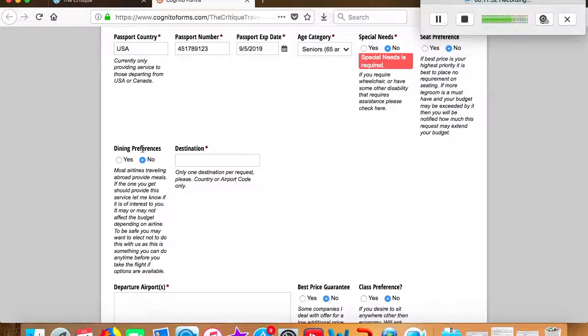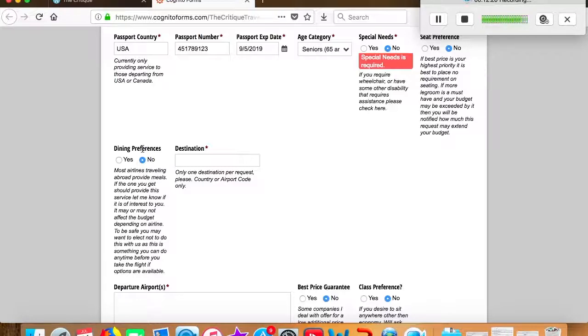Most times, in most cases, airlines will make this service available to you up to 48 hours before your flight leaves. So if anything changes, you can make those changes. These kind of things usually will not affect your price point. So it's not like they're going to charge you extra for making those changes.